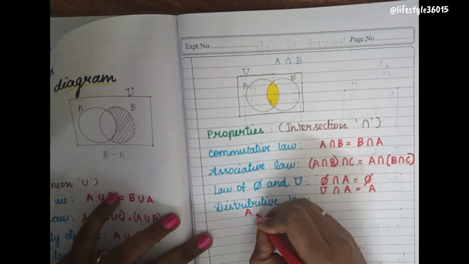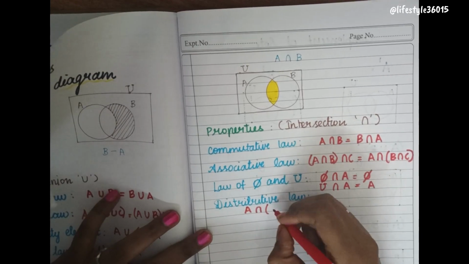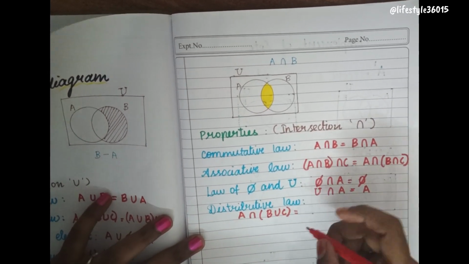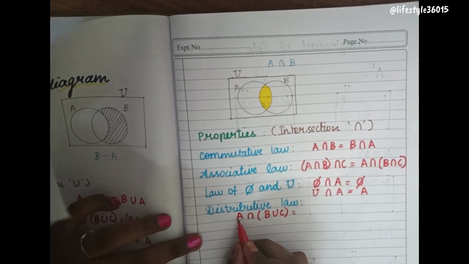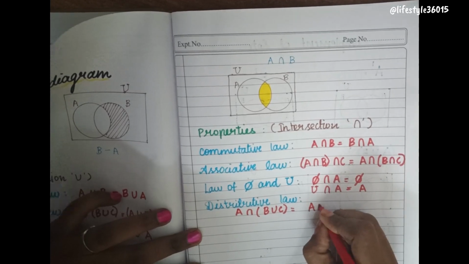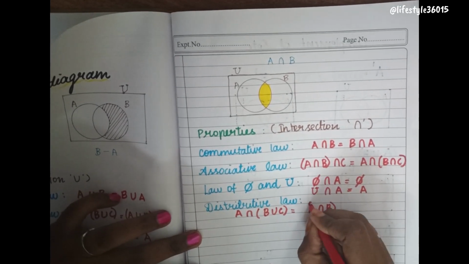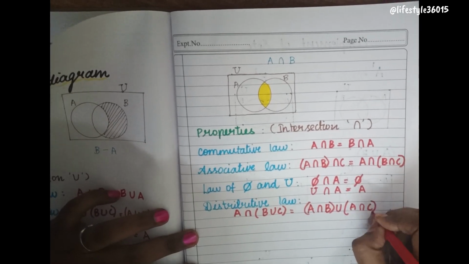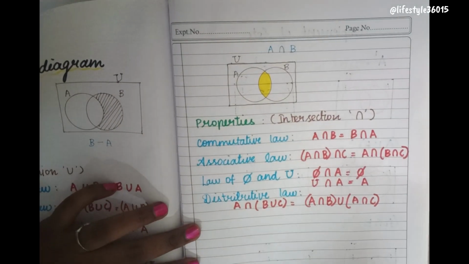When you intersect A intersection B union C, we are going to distribute this A intersection with B and C. A intersection B union A intersection C. You might have already studied this in your lower classes.